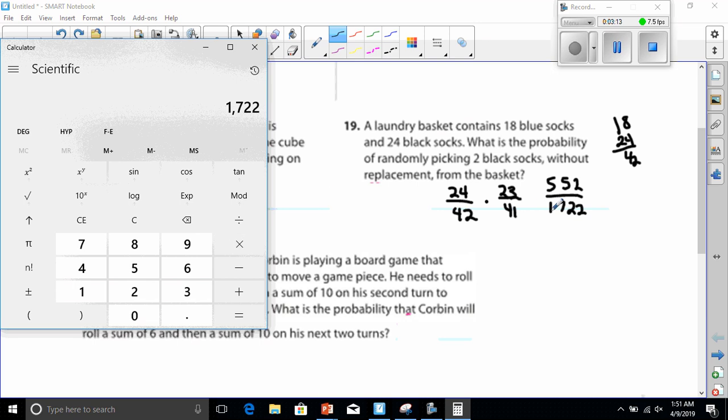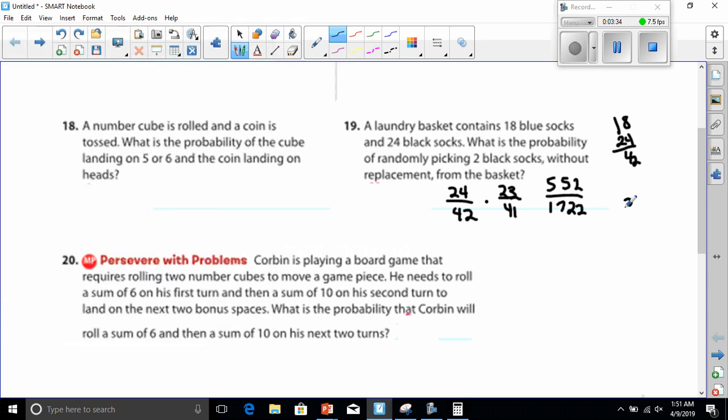Both of these end in 2, so I know they're divisible by 2. Let's see if they're divisible by 4. No, that's going to give me a decimal. So let's multiply that with 4, get our original number. Let's try dividing it by 6. This time we got a nice even number, 287. Okay, so let's just test that one for a minute, 287.